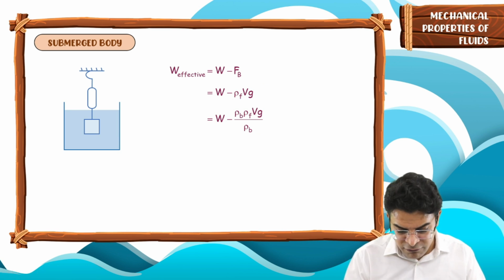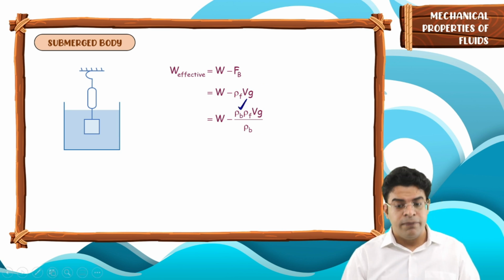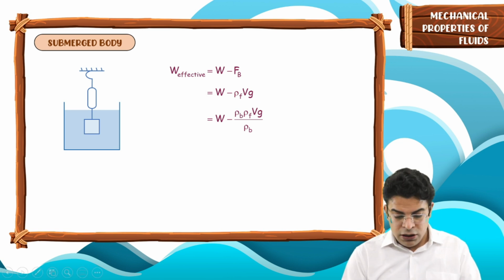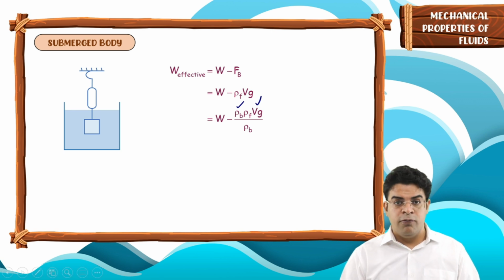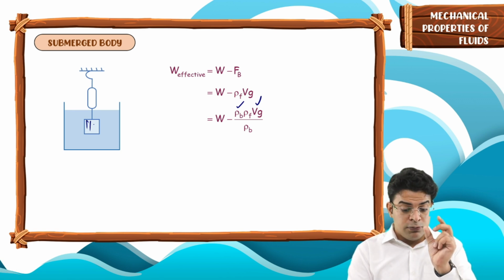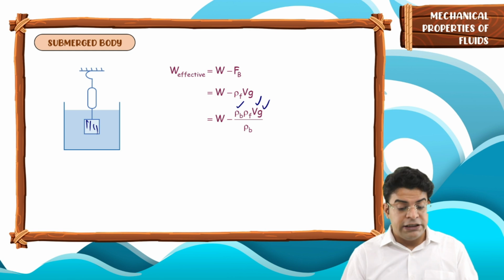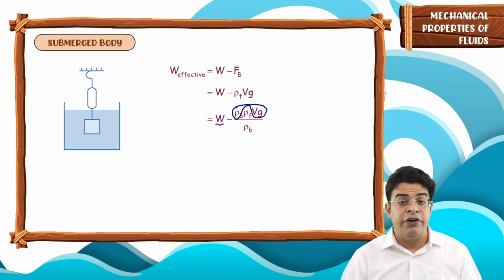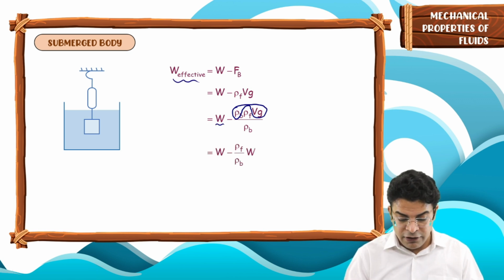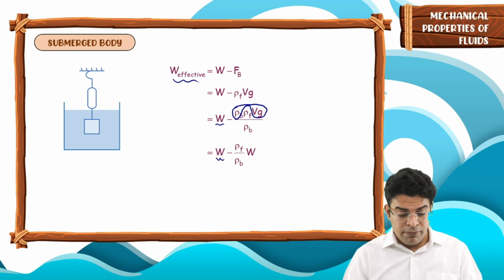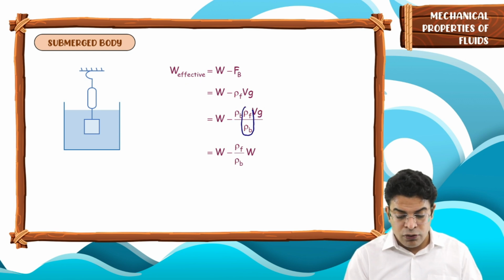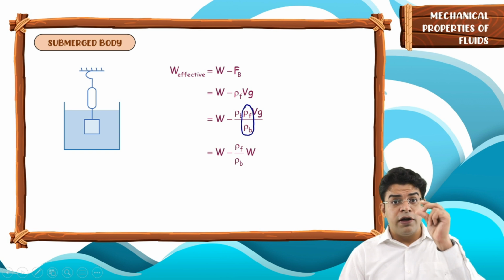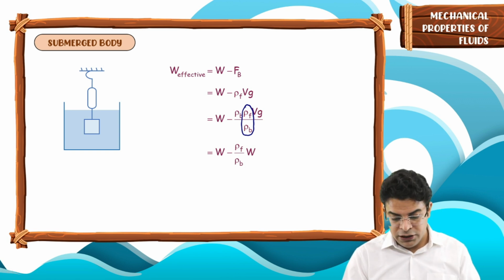Density of body into volume of body gives you mass of the body, multiplied by g gives you weight of the body. So you get the effective weight equals weight of the body minus rho F by rho B, density of surrounding fluid upon density of the body, into the weight.